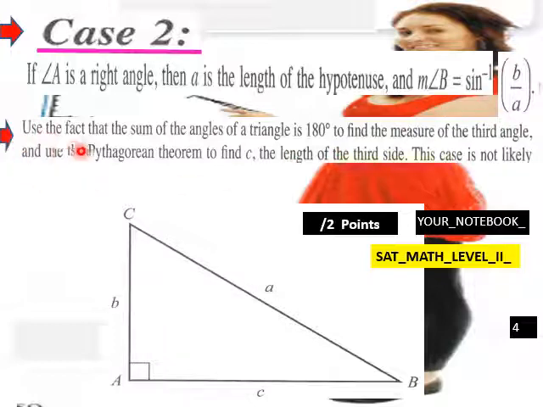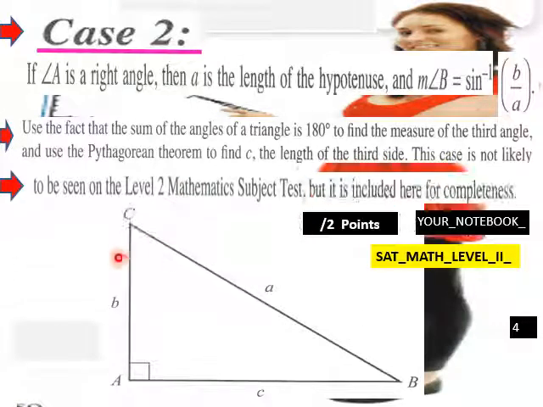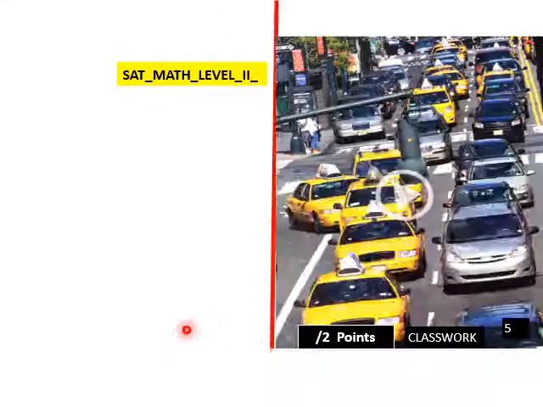Use the fact that the sum of the angles of a triangle is 180 to find the measure of the third angle, and use the Pythagorean theorem to find the length of the third side, c. This case is not likely to be seen on Level 2 math subject tests, but it is included here for completeness and for review of your Pythagorean usage in solving triangles.